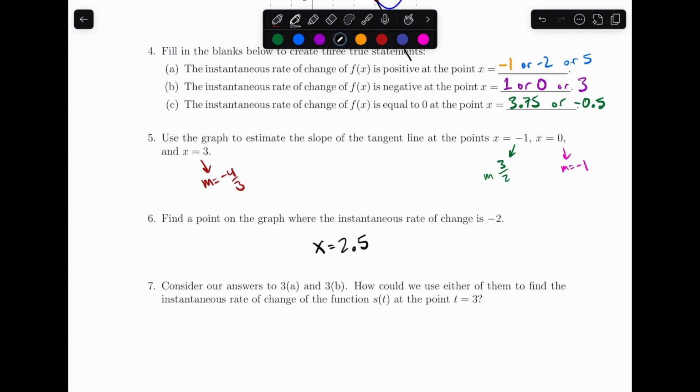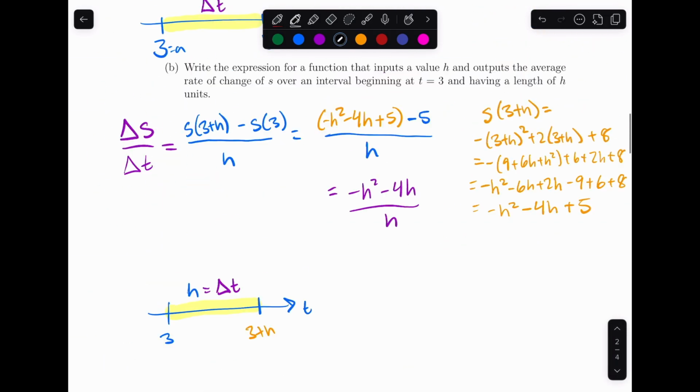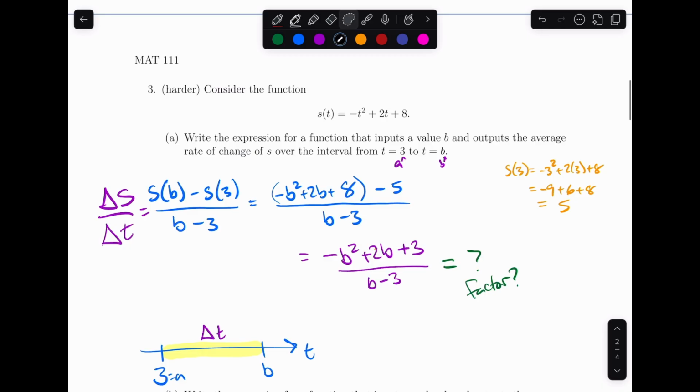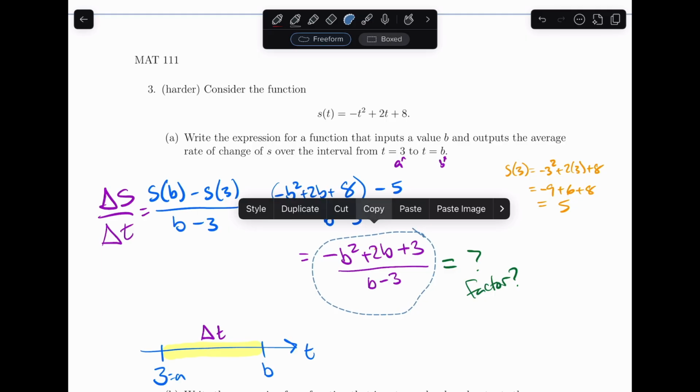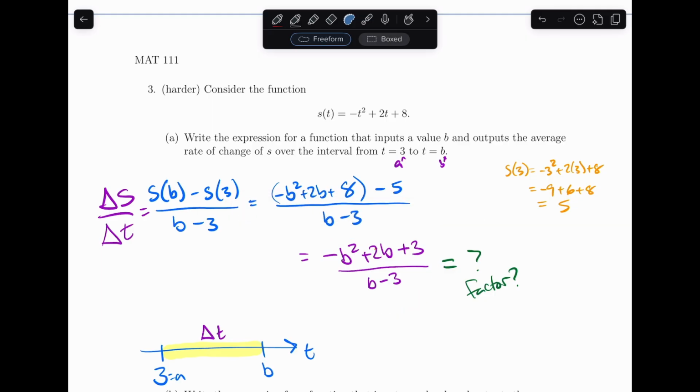And then the last question here, thinking about our answers to 3a and 3b, these are the algebraic rates of change we found. How could we use them to find instantaneous rates of change? So let's go back up to one of these. Here we found this expression with the b's, which gave us the rate of change for an interval starting at 3 and going to b.